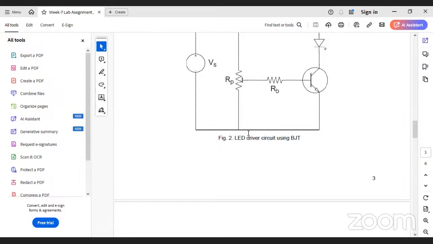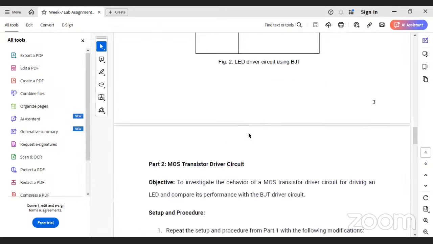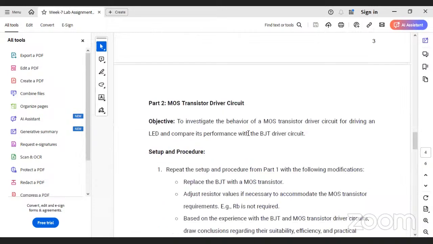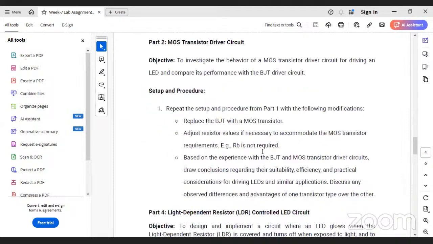But the importance of RB in case of using a BJT, that also you have to indicate and refer to, that is, what is the need for that one, and why RB is not required if we are using a MOS transistor.